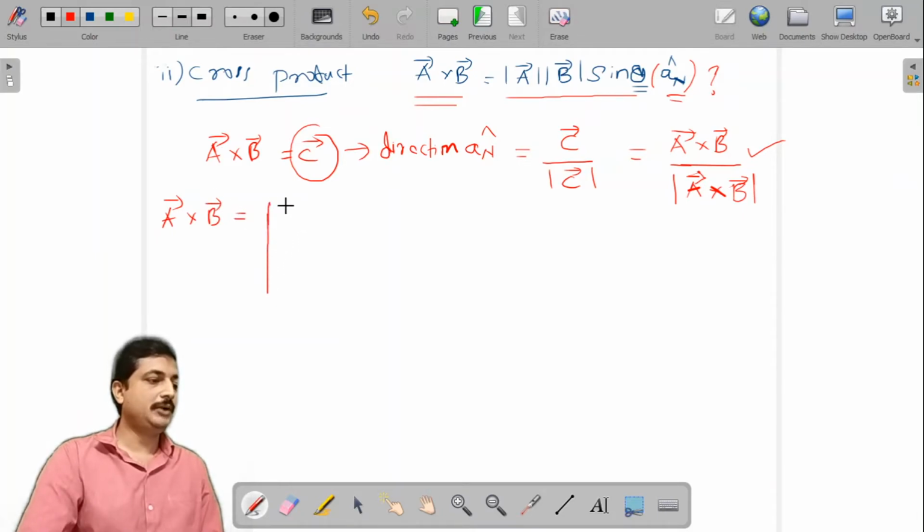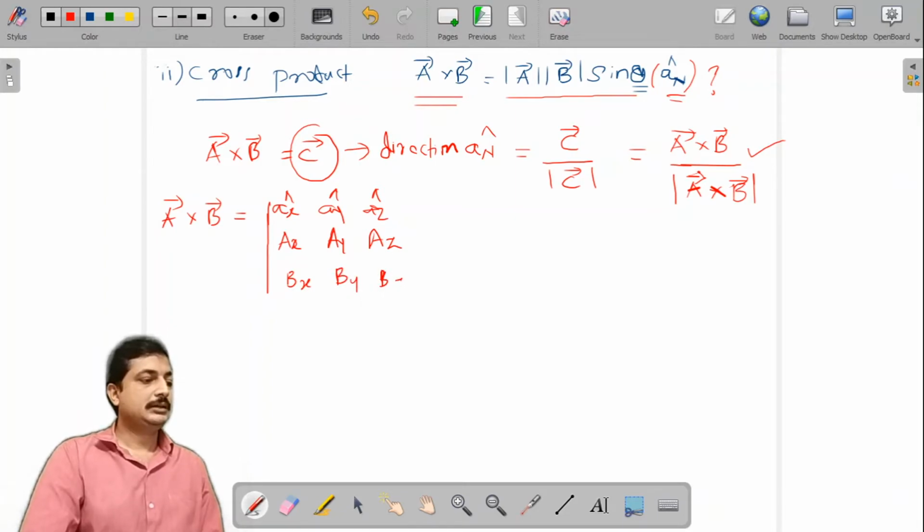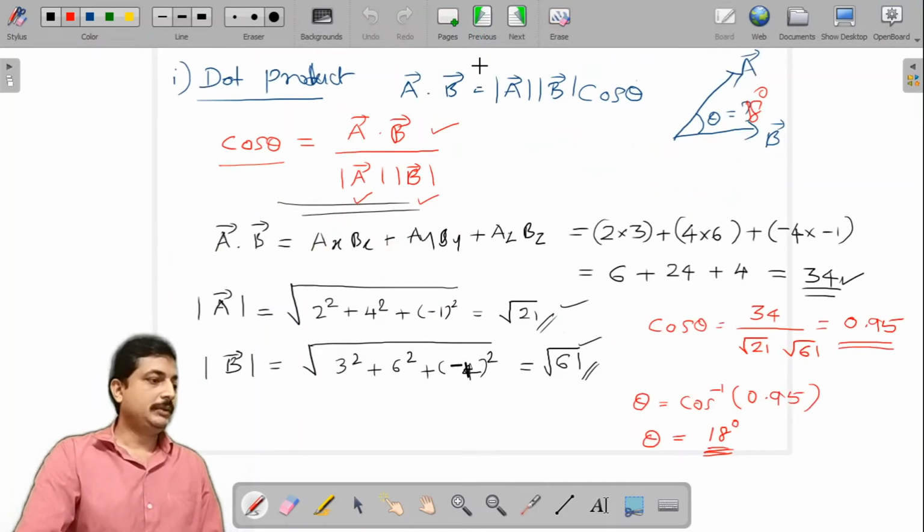It is the magnitude of the determinant of the matrix with rows Ax cap, Ay cap, Az cap; Ax, Ay, Az; Bx, By, Bz, right? As per the previous example, my A vector and B vector are the same.